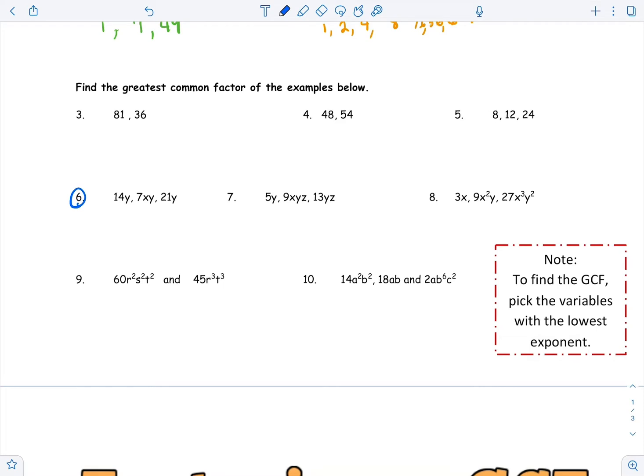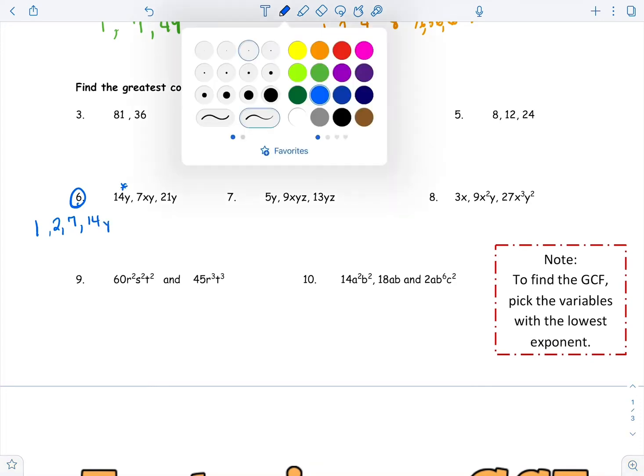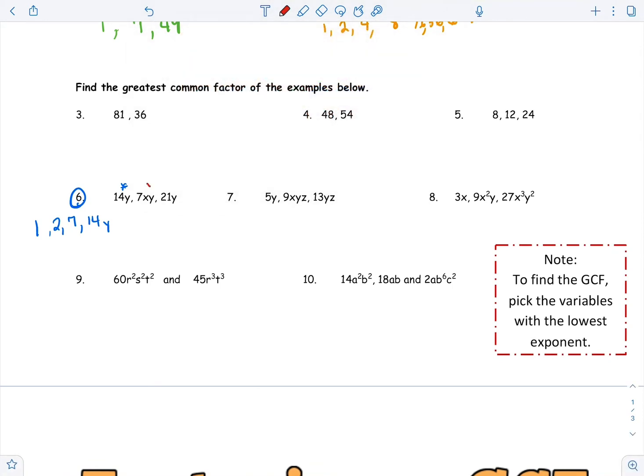The factors of 14y are 2, 7. Oh, we forgot 1, 14. And y, right? That's this first one. The second one is 7, 1, x, y.